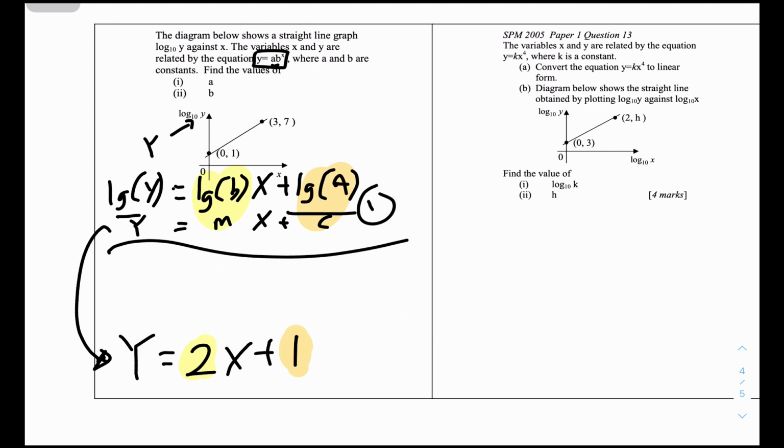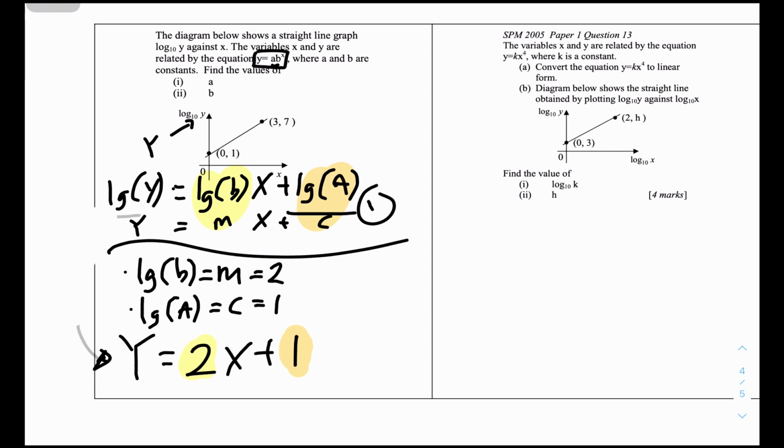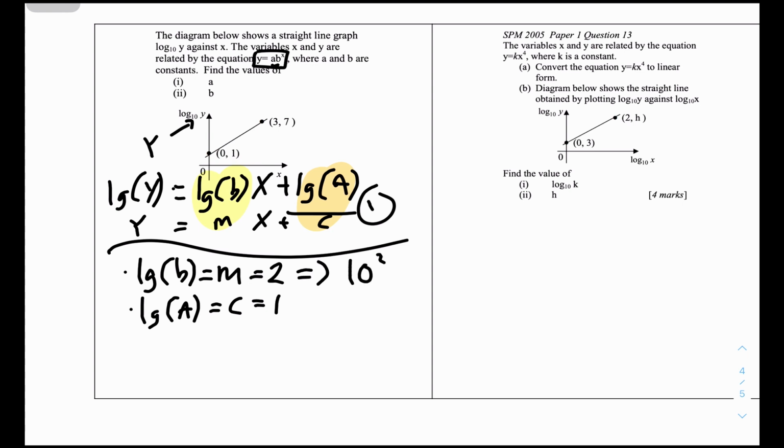So we can compare these values. So we know that log b is the gradient, which is 2. And we know that log a is the y-intercept, which is 1. So if you undo the logarithmic equation, we can get a value of 10 to the power of 2 equals b. And you get 10 to the power of 1 equals a.